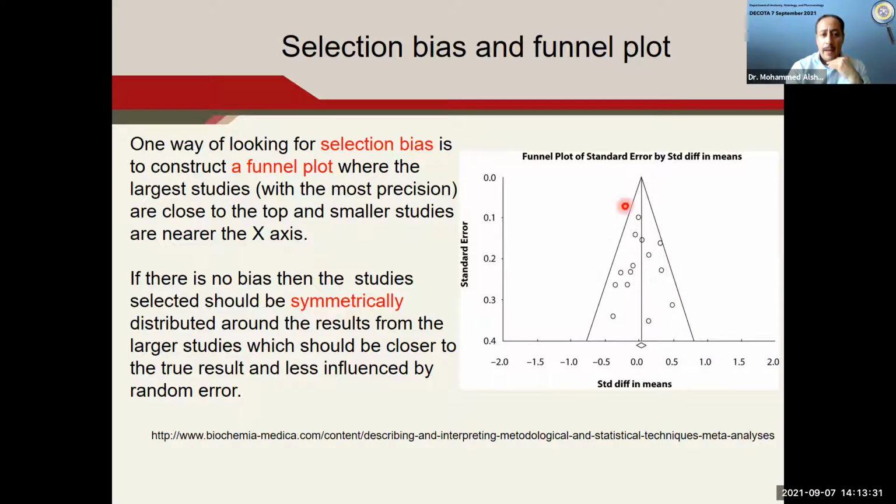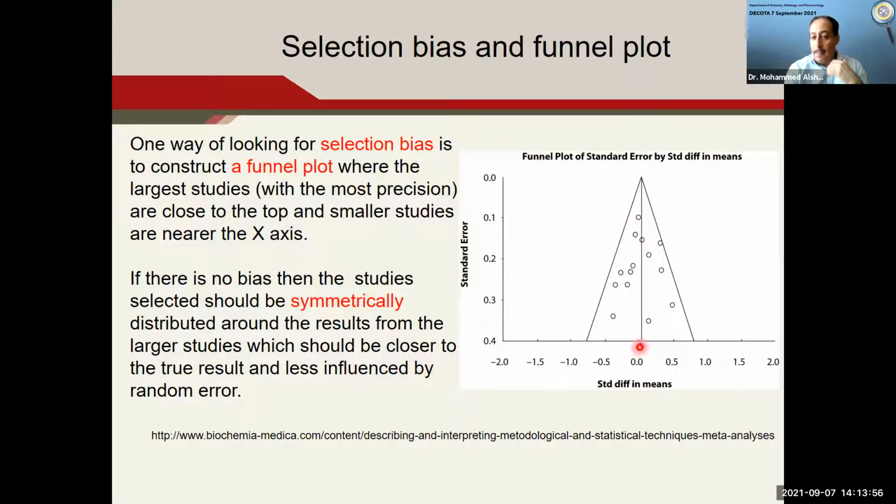So the largest study is here at the top with more precision. The most precise studies are at the top of the funnel, while at the bottom are the smaller sample size studies with lower precision. But the most important thing is that it looks symmetrical around the y-axis and x-axis.